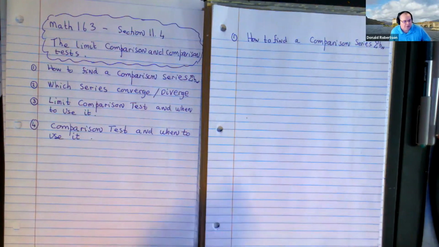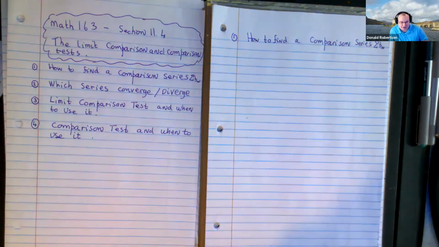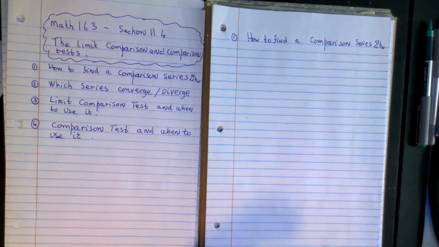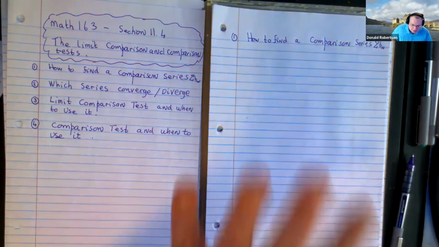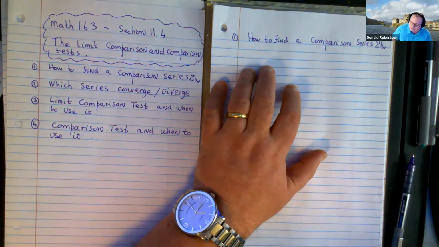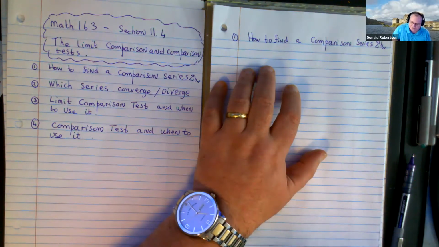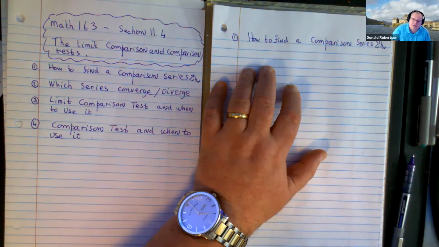And first thing we're going to do is look at how you create this second series called the comparison series. In the comparison test, essentially the logic of it is like this. I've got a series, sigma a_n, and I don't know if it converges or not because the way it's written, it doesn't lend itself to any of the previous tests we talked about. The integral test doesn't work, or I don't know how you make it work because it's weird, whatever the reason might be.